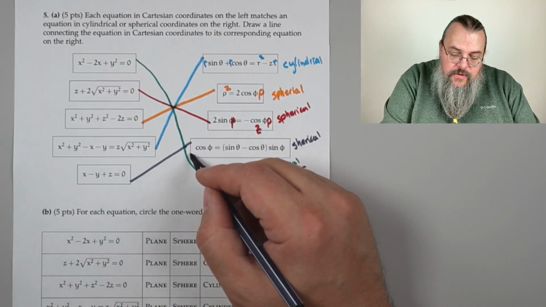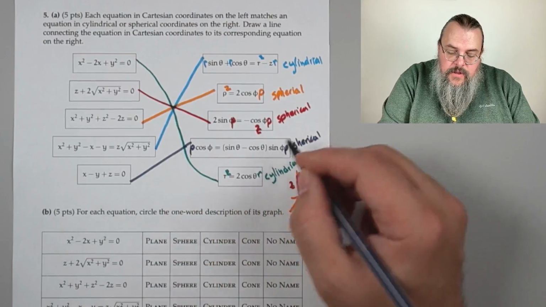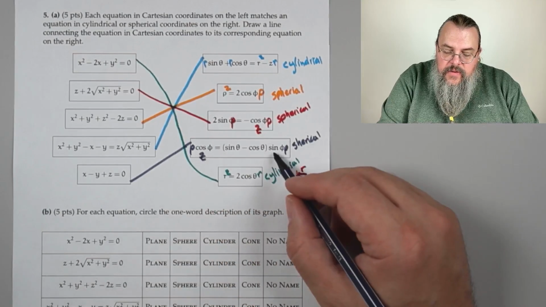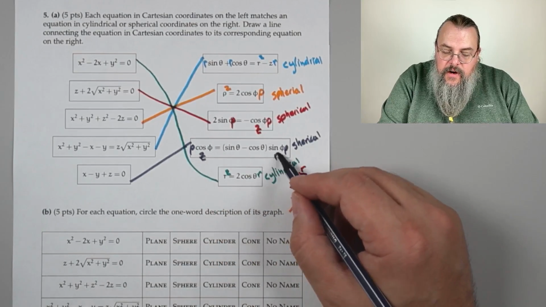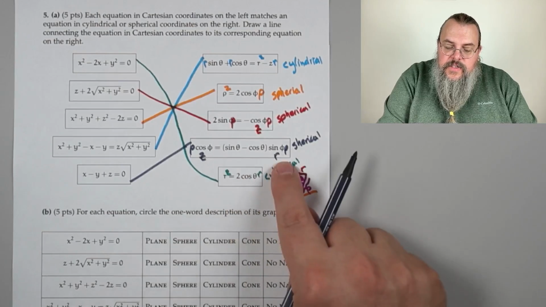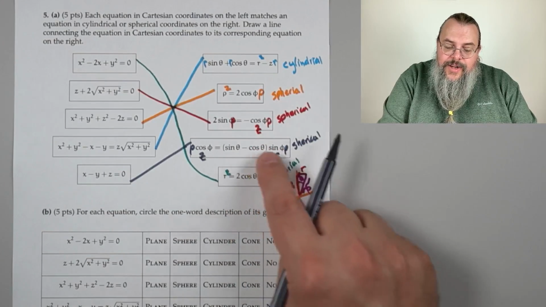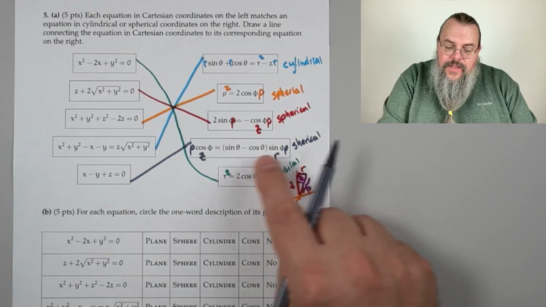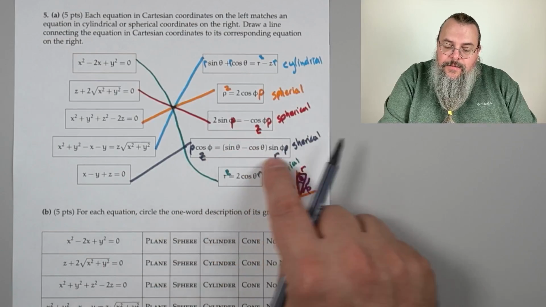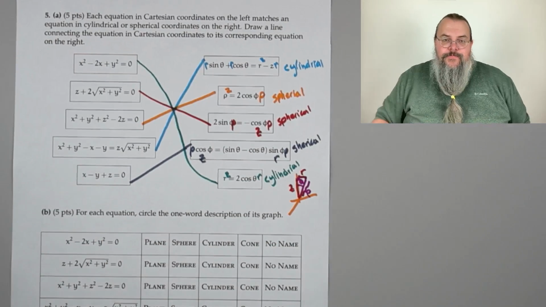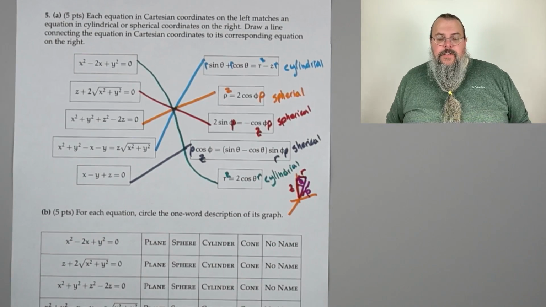Multiply by your rho, and then you see, aha, rho cosine phi is your z, rho sine phi is your r. r sine theta is y, r cosine theta is x. So you have z, x, and y. And just rearrange. All right, and there we go.